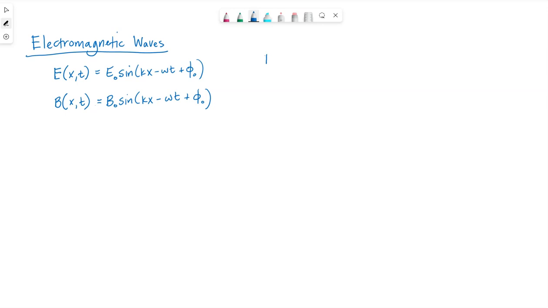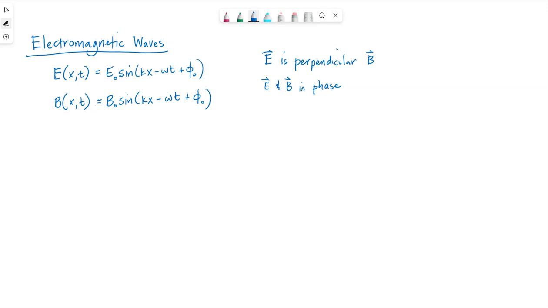We learned that the electric field direction is perpendicular to the magnetic field direction. The electric field and magnetic field are in phase. That means they are zero at the same time. If the electric field is zero, then so is the magnetic field, and vice versa.